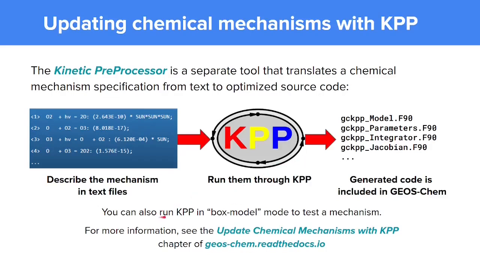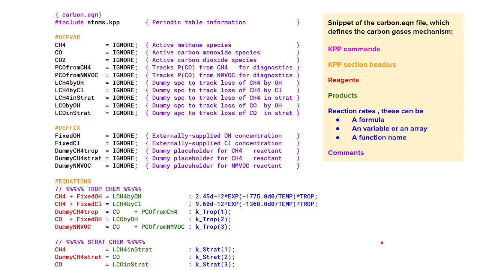You can also run KPP in box model mode to test the mechanism, and the KPP standalone box model code is now included in GEOS-Chem. If you're interested in using KPP to change chemical mechanisms, I would look at the Update Chemical Mechanism with KPP chapter of Read the Docs.